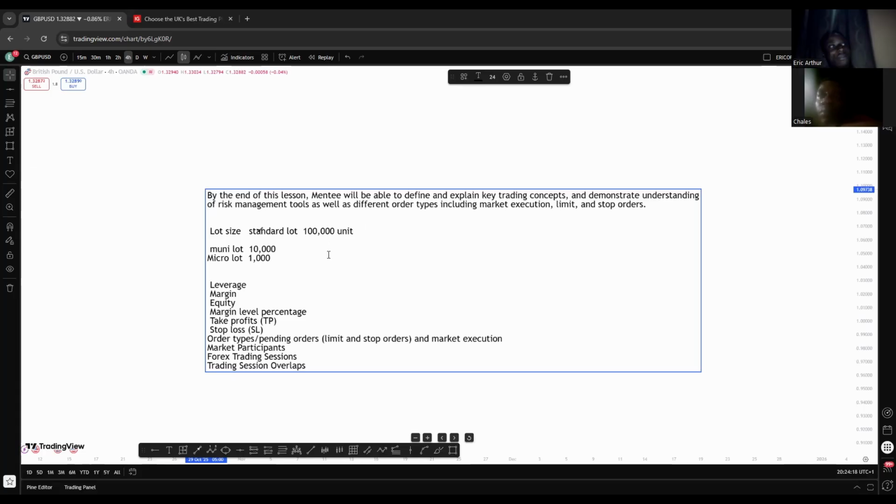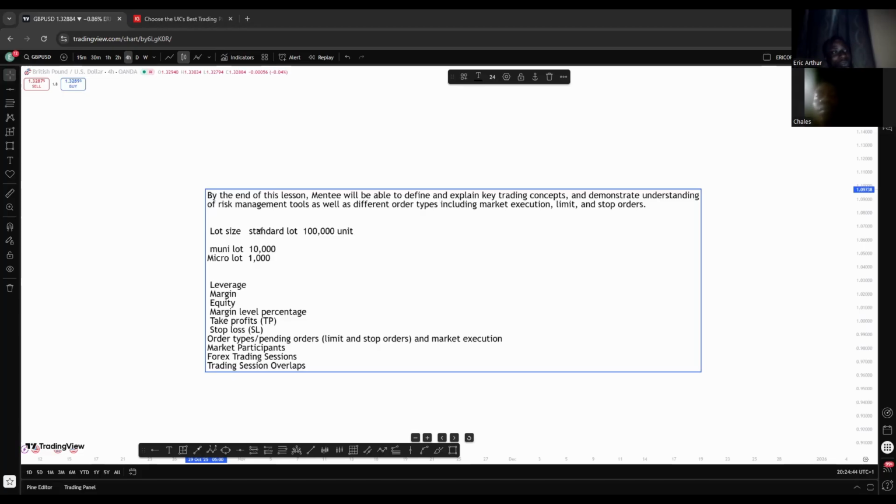The standard lot is 100,000 units. So let's say you are trading, okay? That unit is the base currency. I mean, you know base currency? Yes. So it's 100,000 units of the base currency.